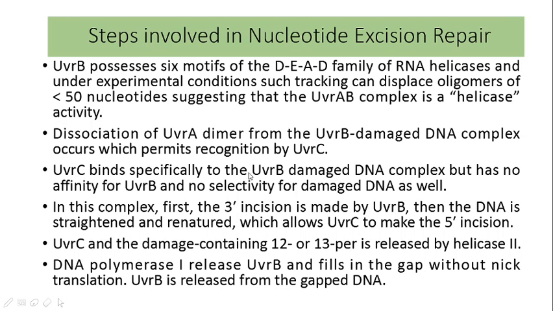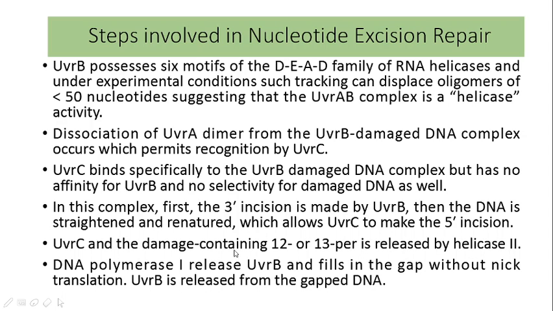UvrC binds specifically to the UvrB damaged DNA complex, but it has no affinity for UvrB alone and no selectivity for the damaged DNA as well. In this complex, the first 3' incision is made by UvrB, then the DNA is straightened and renatured, which allows UvrC to make the 5' incision.